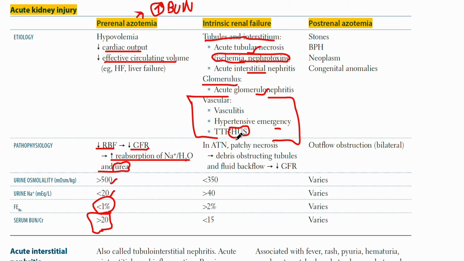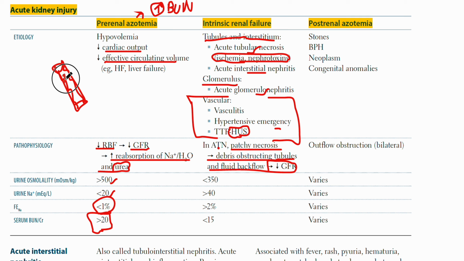So in acute tubular necrosis, there is patchy necrosis, which will cast off debris, obstructing tubules and causing fluid backflow, leading to decreased GFR. What actually happens is, for example, this is a tubule. Now these walls have cells, and these cells get injured and destroyed.